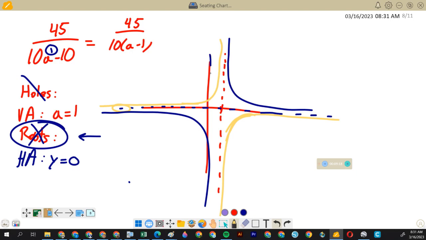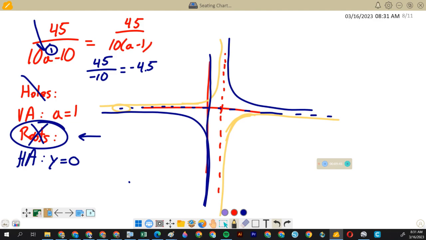Okay, I want to know where the graph is here. So I put 0 into this equation. And I get 45 over 0 minus 10, and that's negative 4.5. So which graph is it? The blue one or the yellow one? It's the blue one, right?